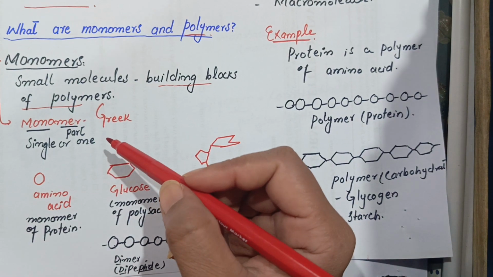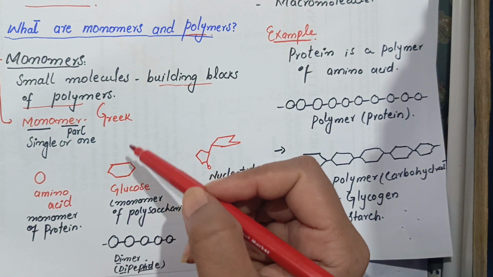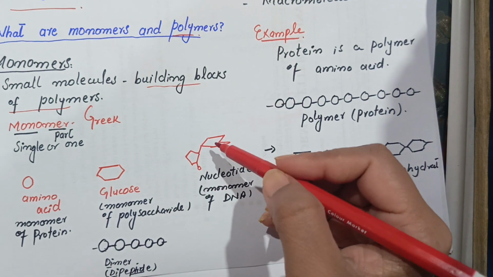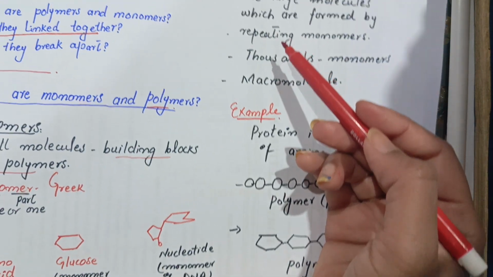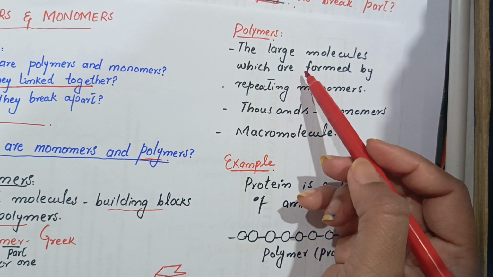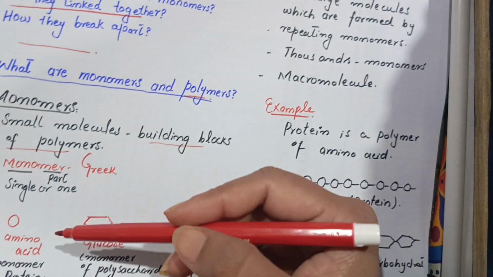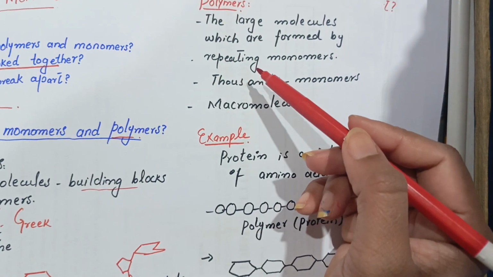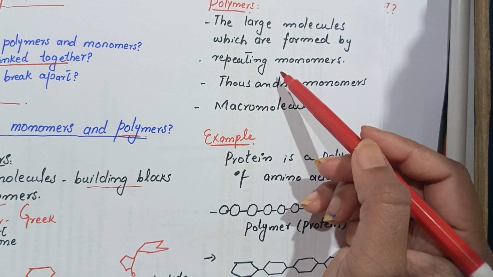They are the single unit, and they combine together to form the polymers. These polymers are the larger molecules formed by the repeating monomers. These monomers bond together and form larger and larger molecules which are called polymers.